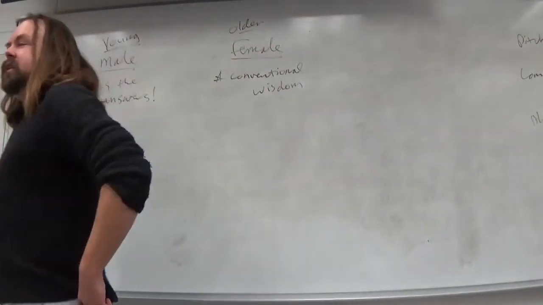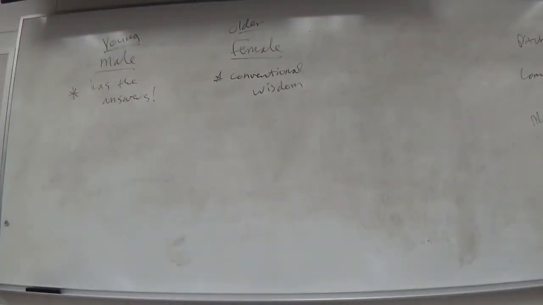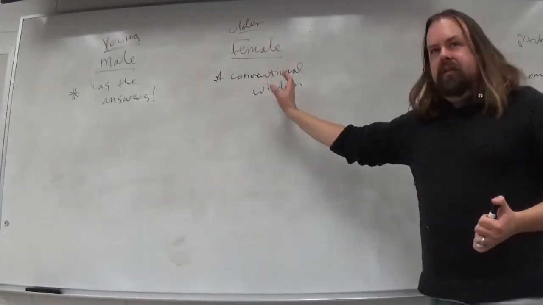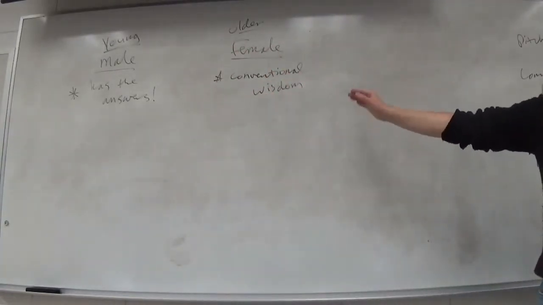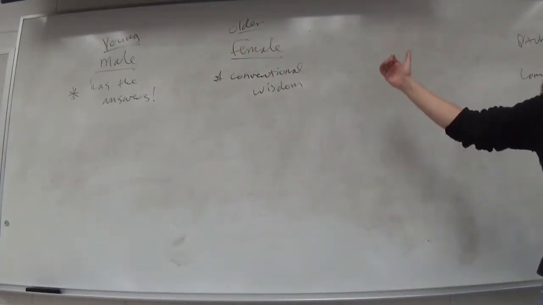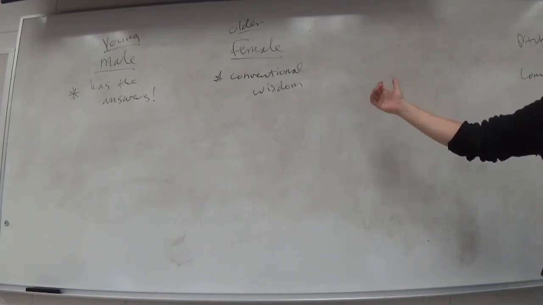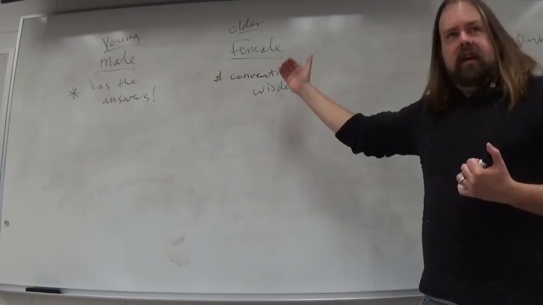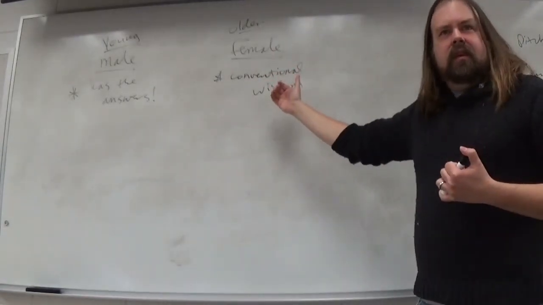Well, if she is, she is. She is wrong, right? But there's no particular reason why the foil in this video had to be an older woman. Could have been anybody. They could have chosen anybody to represent ordinary conventional wisdom. But they didn't.